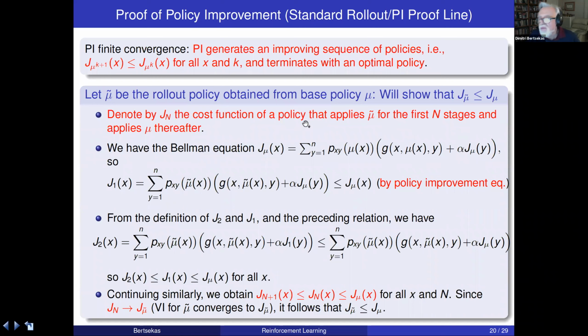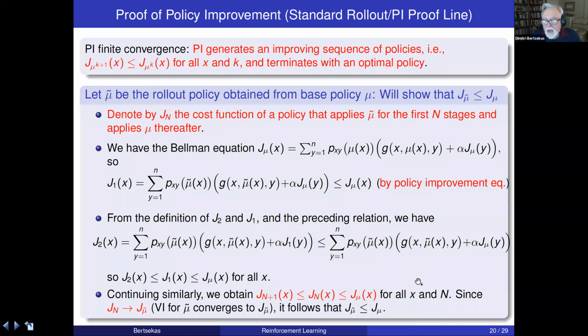So it's the result of n steps of value iteration. We know that value iteration for mu tilde converges to J mu tilde. So this sequence of functions is going to converge to J mu tilde. Therefore, J mu tilde is less than J mu. This is the proof of cost improvement that I'm looking for.